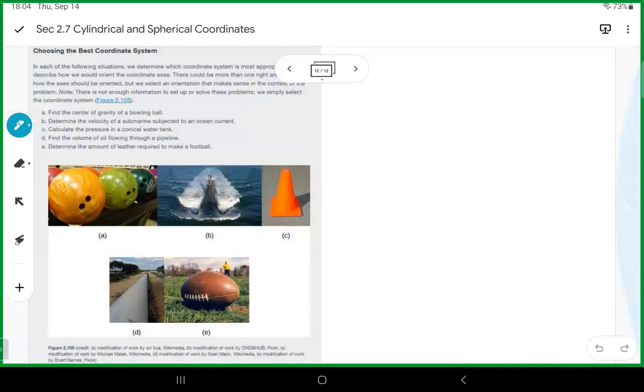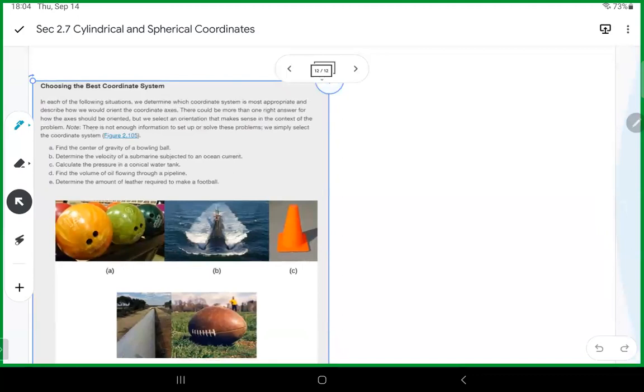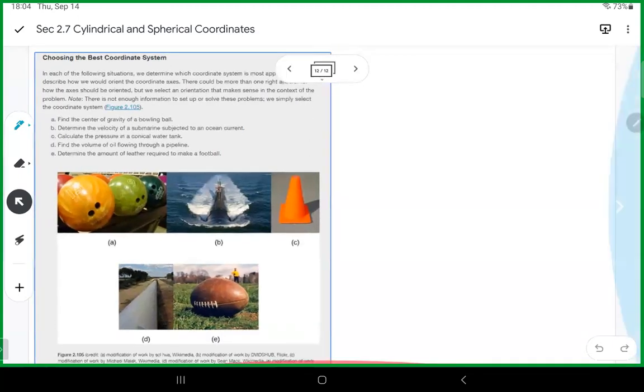There could be more than one right answer for how the axes should be oriented, but we select an orientation that makes sense in the context of the problem. Note, there is not enough information to solve or to set up these problems. We simply select the coordinate system. Okay, so you're not going to be able to do anything much more than figure out what kind of system you would use.